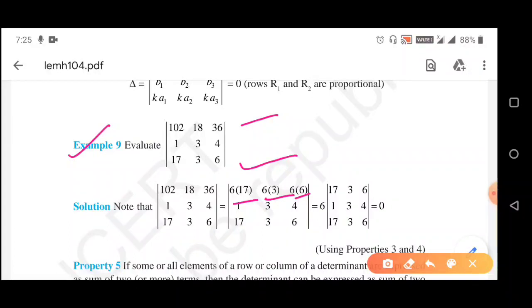So here the common factor is 6, and we know if we have a row or a column like this, we can take out the common factor outside. So they have taken out 6 outside. Now see, the first row and the third row are identical. So according to property 3, the value of this determinant is 0. 6 into 0 is 0. So the answer is 0.